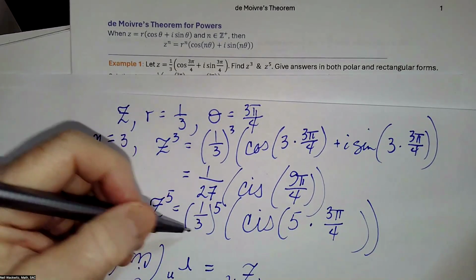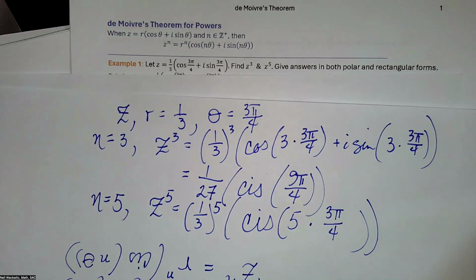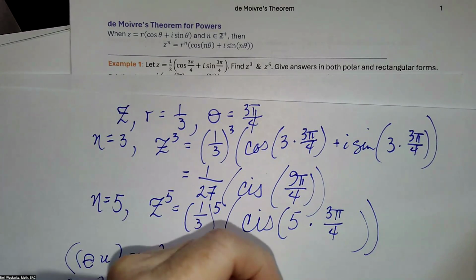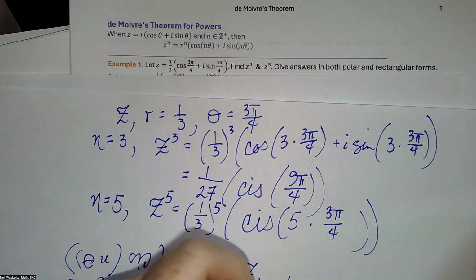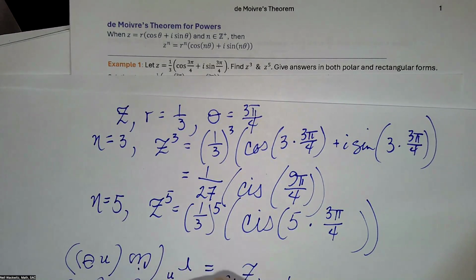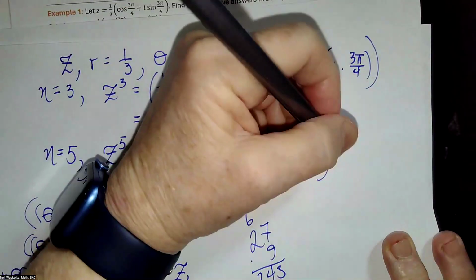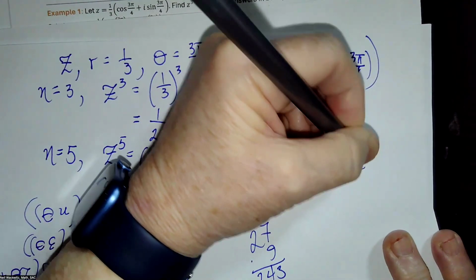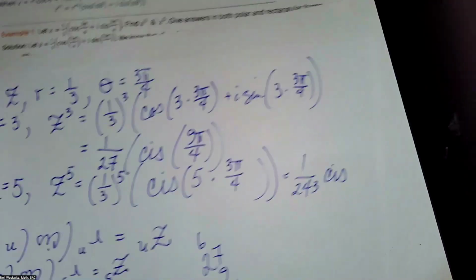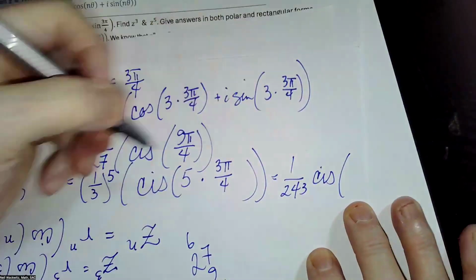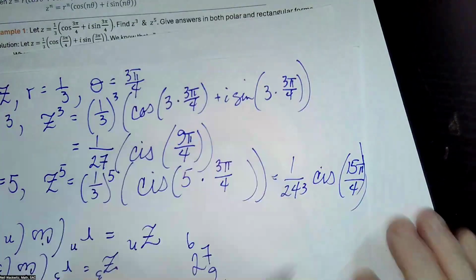And 3 to the fifth, 27 times 9, 18 plus 6, 243, is that right? So we have 1/243, cis of 15 pi over 4.